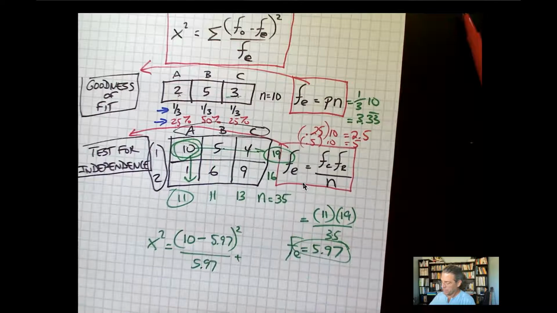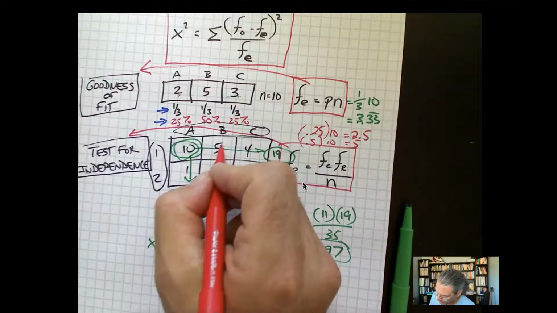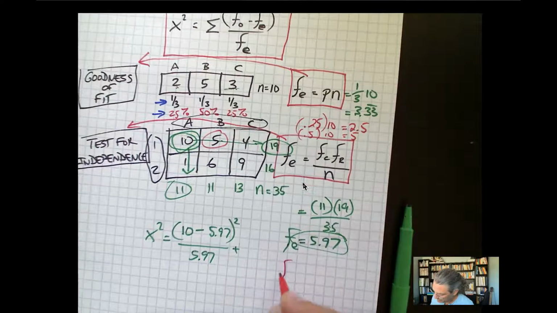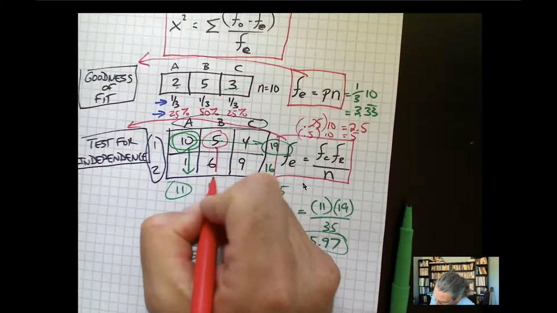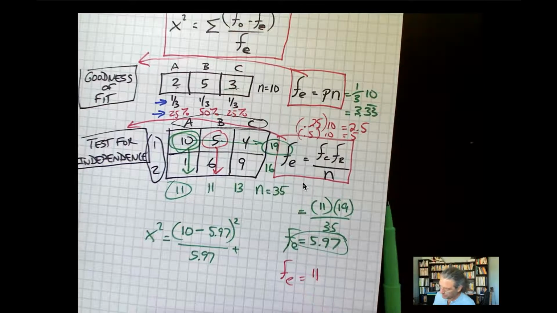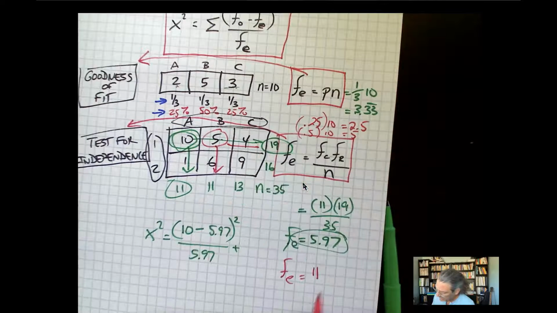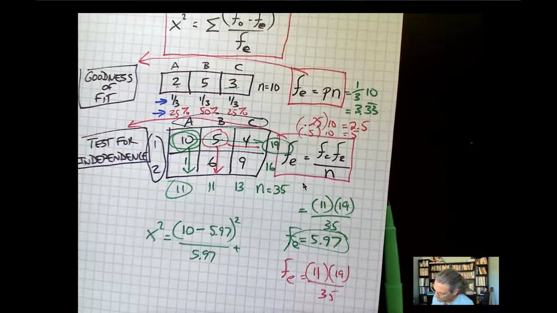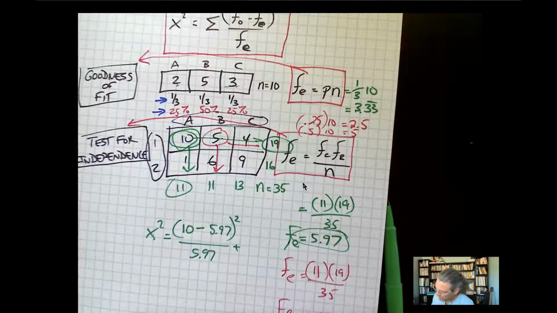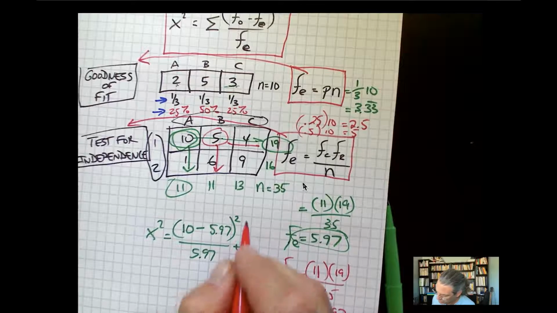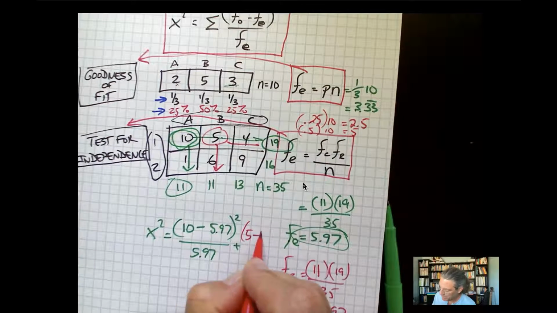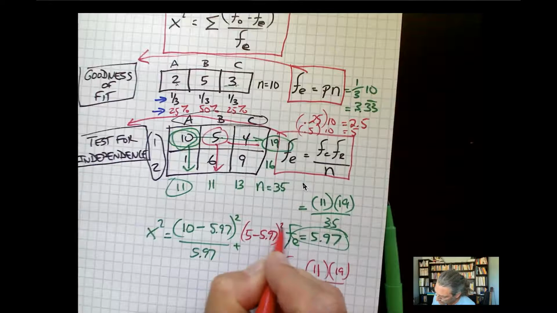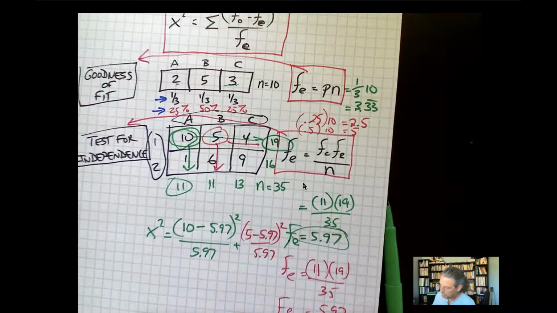Then we've got to do it for this cell. So let's just do one more here. So that frequency expected is going to be, again, column total, in this case, again, 11, and again, 19 over 35. So that one is going to be also 5.97. So it would be, in this case, 5, because that's our observed frequency, minus 5.97 squared over 5.97.